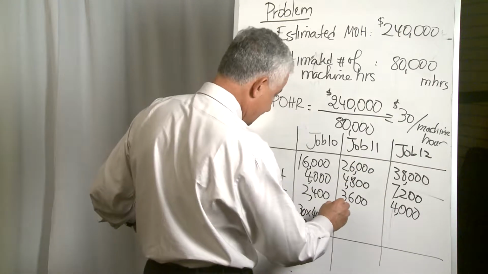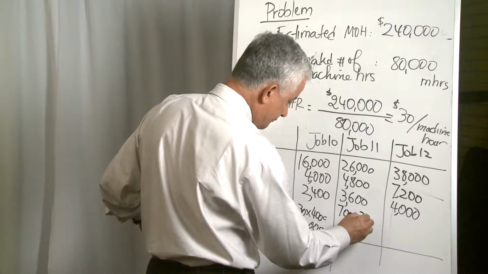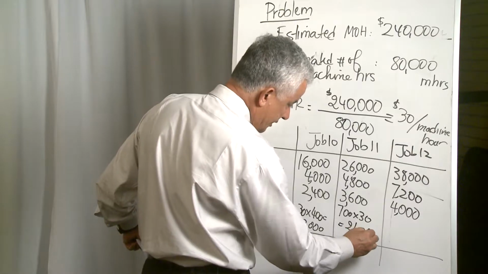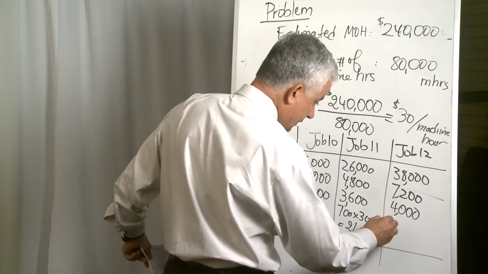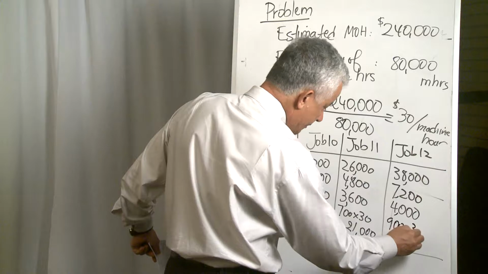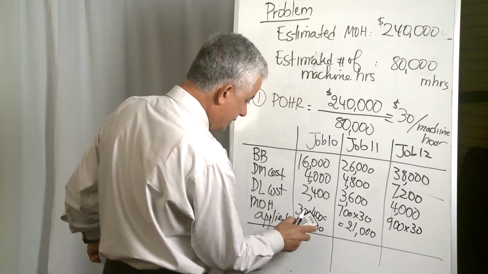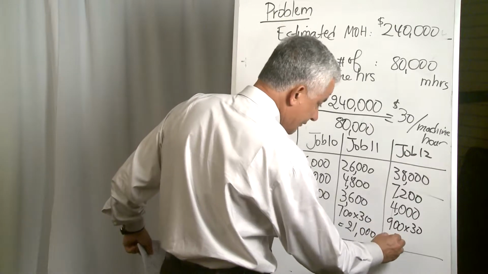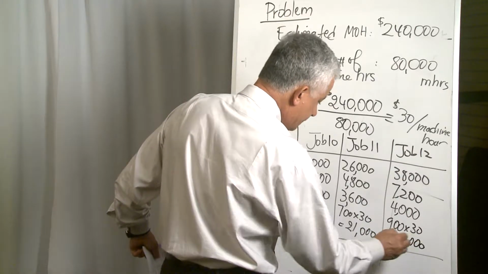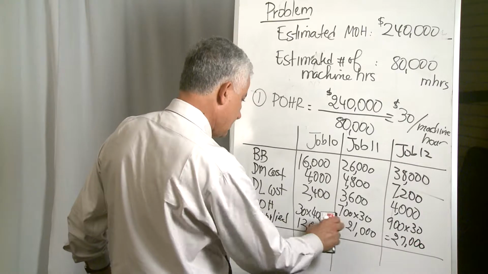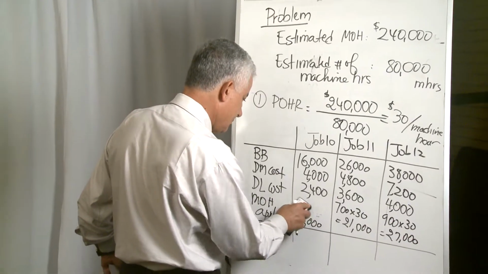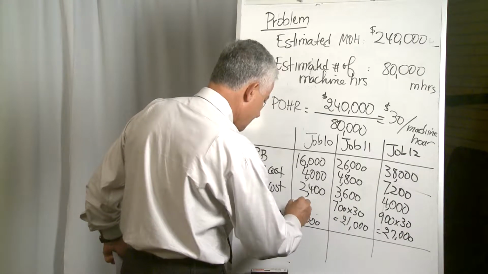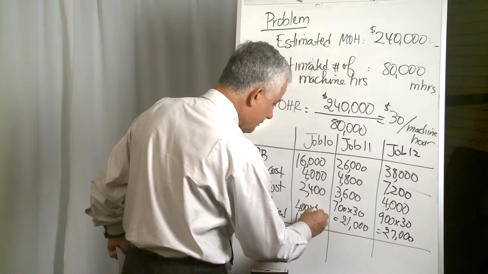That gives us 700 times 30, which is 21,000 here, and then 900 times 30, which is 27,000. And for job 12, 400 times 30.